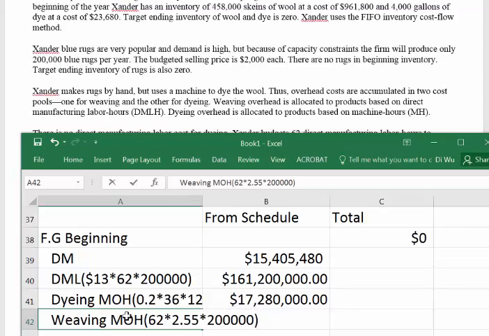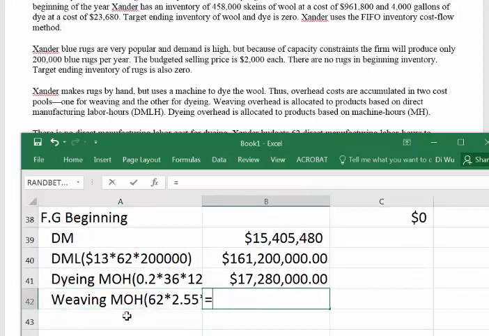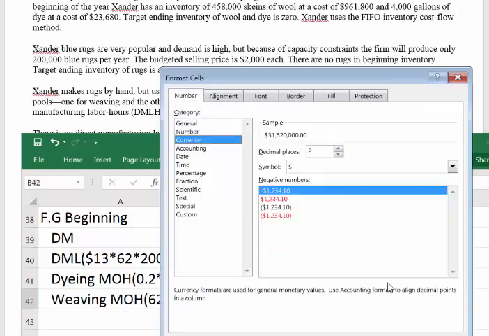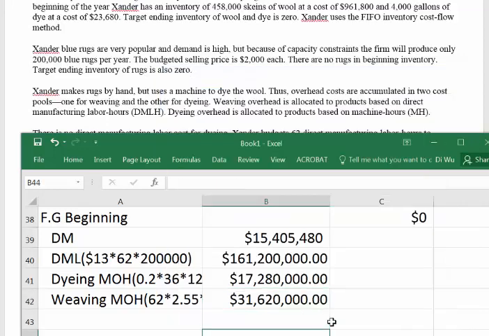So we are going to multiply these numbers: 62 manufacturing labor hours times $2.55 per manufacturing labor hour, then multiplied by 200,000 racks. Therefore that's going to be the total dollar value. So it's a lot of work, right?